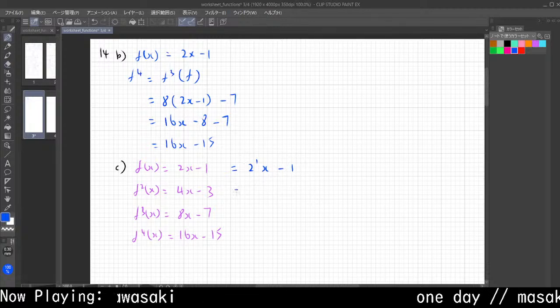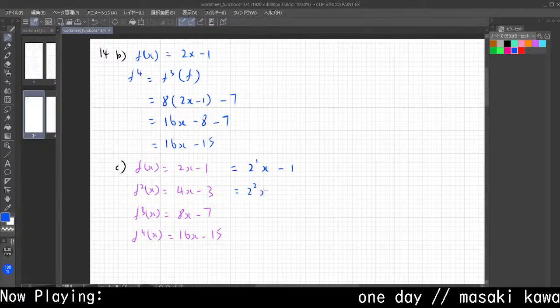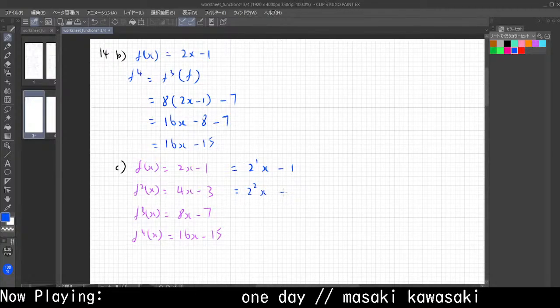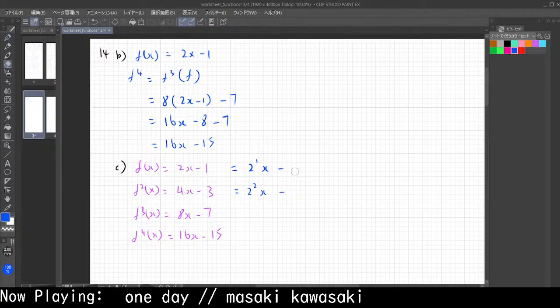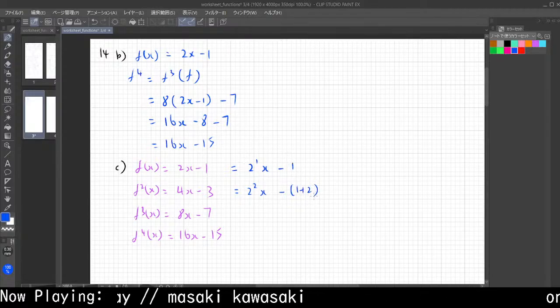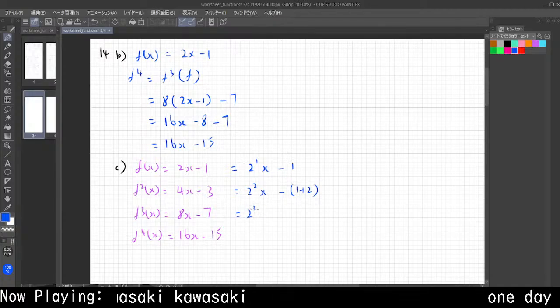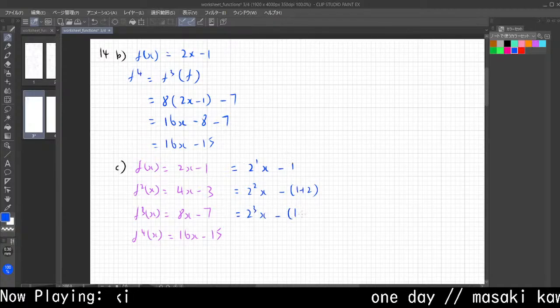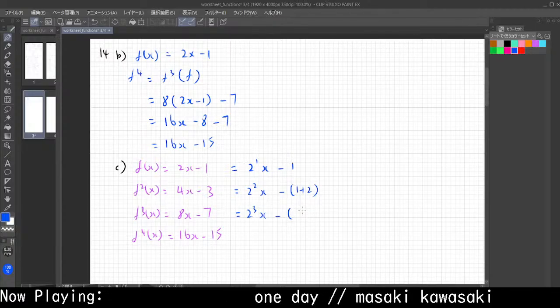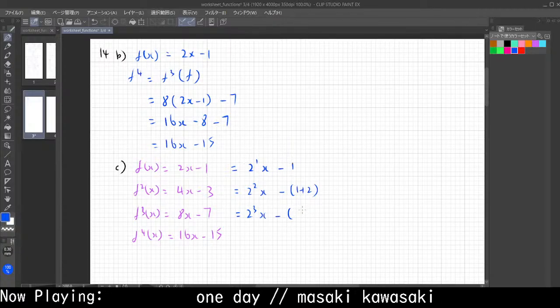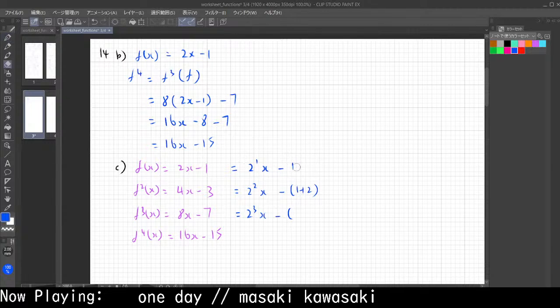This can be written as 2 square x minus (1 plus 2). This can be written as 2 cubed x minus (1 plus 2 plus 4). Okay, this is your n equals 1.